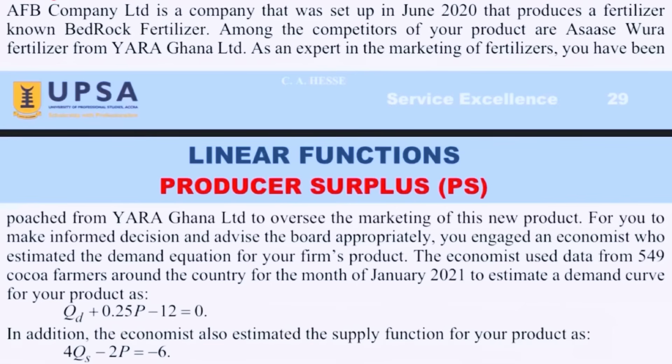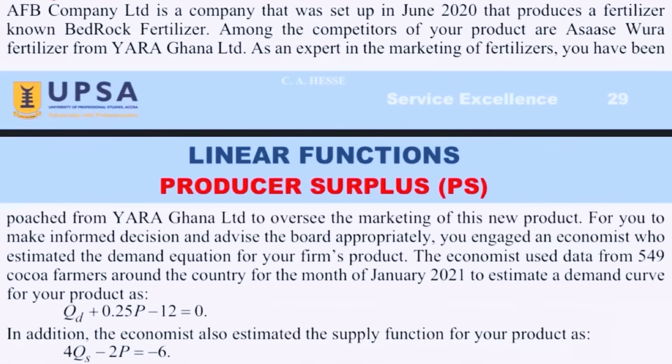For you to make informed decisions and advise the board appropriately, you engaged an economist who estimated the demand equation for your firm's product. The economist used data from 549 cocoa farmers around the country for the month of January 2021 to estimate a demand curve for your product as QD plus 0.25p minus 12 is equal to 0.